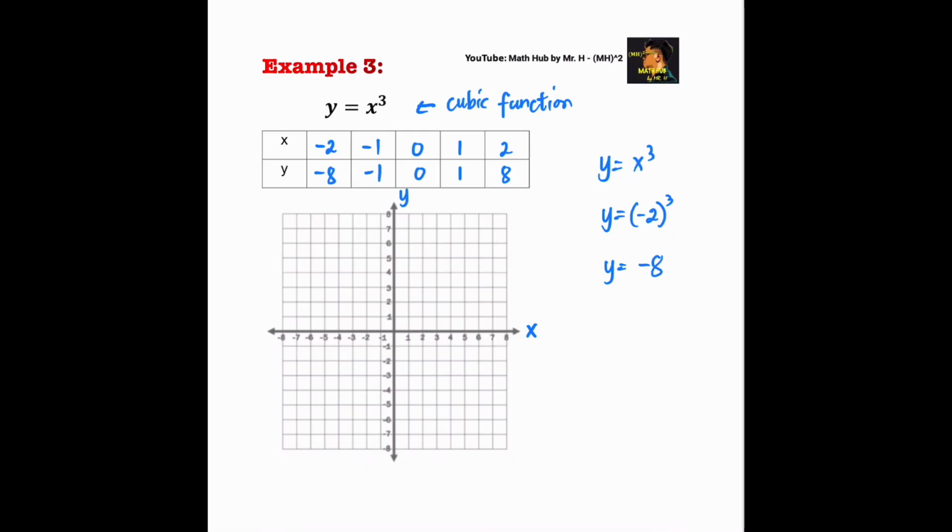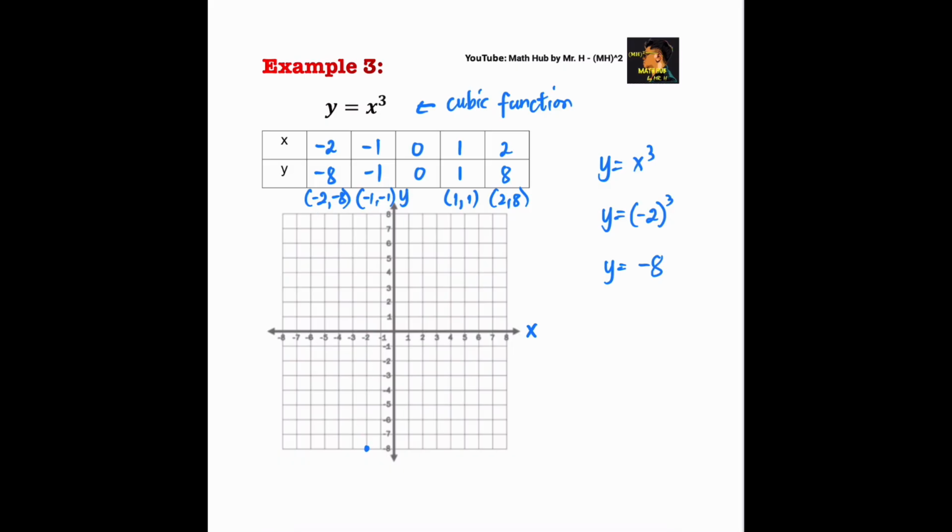So we have the sets of points that we need to plot. The first set will be (-2, -8). Second one, (-1, -1). Then the origin. Then you have (1, 1), and you have (2, 8). So the first point (-2, -8) is here.